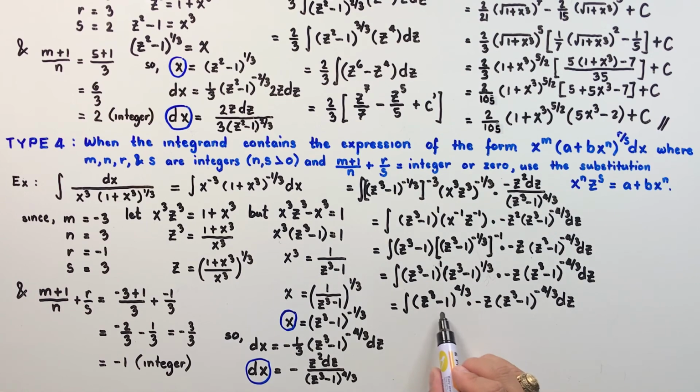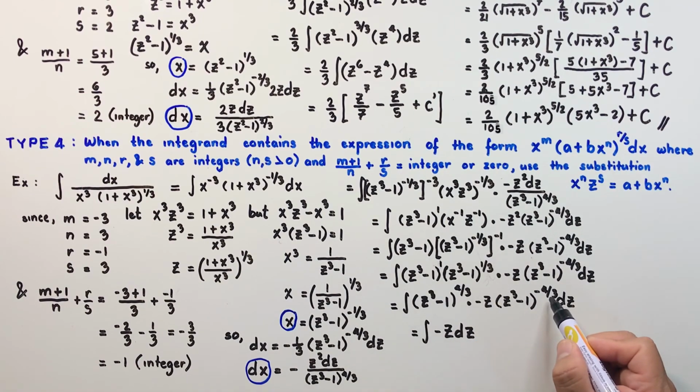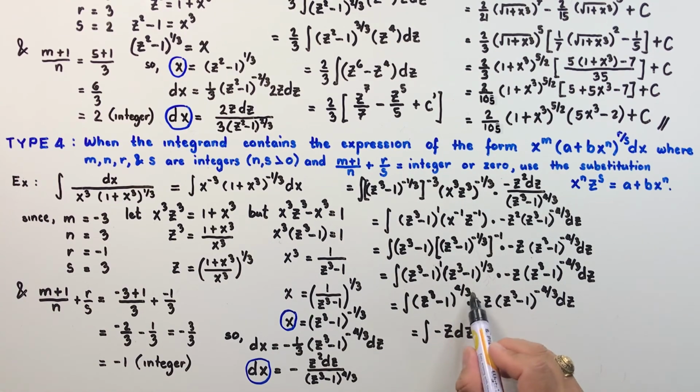But multiplying these two factors, we have the integral of negative z dz, because 4/3 plus the negative 4/3 is 0 here. And the binomial raised to the exponent of 0 is just 1. So we can easily integrate this integrand here. So this is negative z squared over 2 plus the constant of integration c.